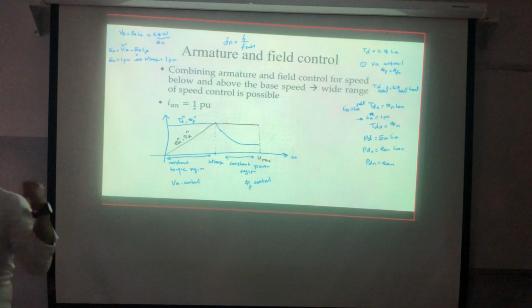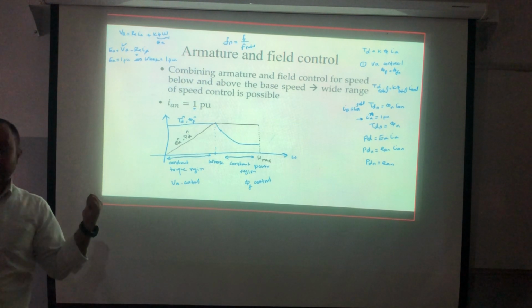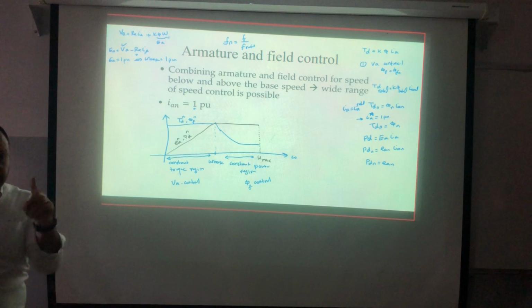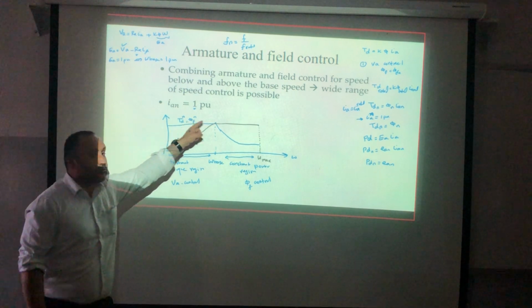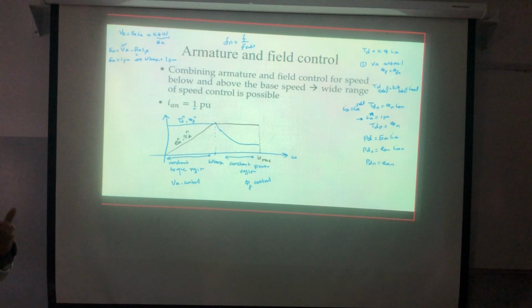Now, this is what we call the motor capability, which means that the motor can drive any point here, the maximum capability. But will the motor operate at this point? The load will decide that. Understood?